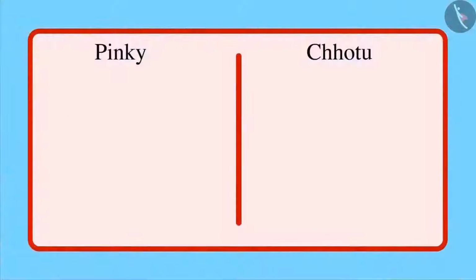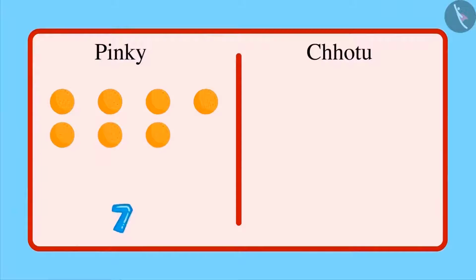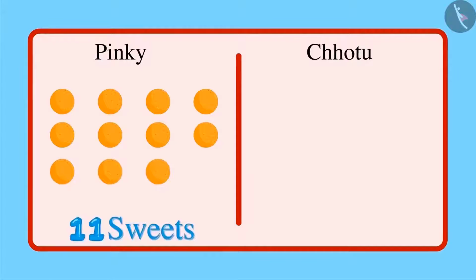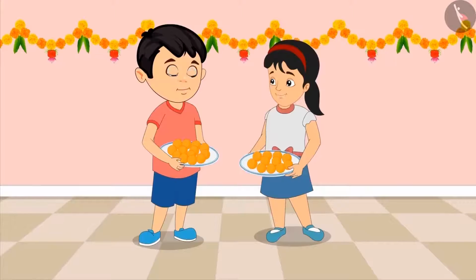Okay, Chotu. 1, 2, 3, 4, 5, 6, 7, 8, 9, 10 and 11. There are 11 sweets in your plate. Okay, Chotu.